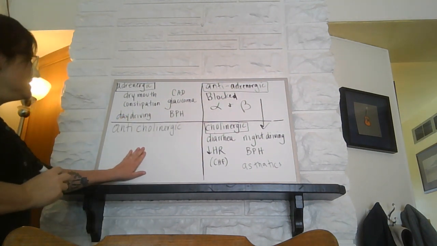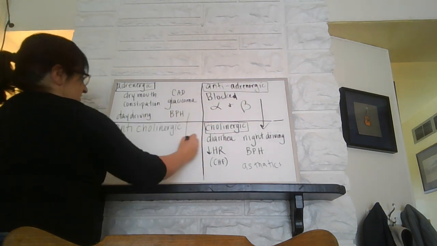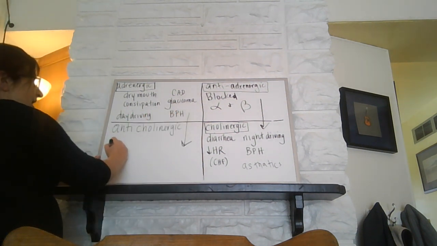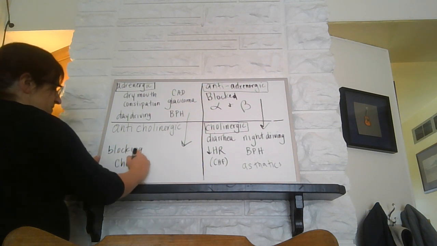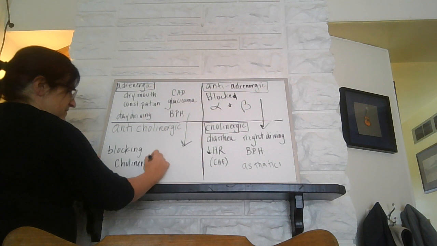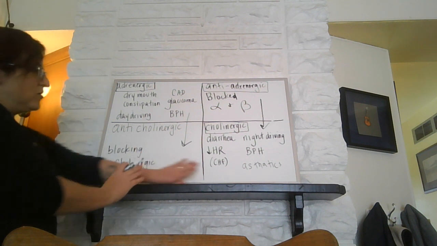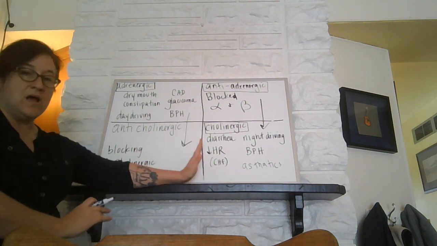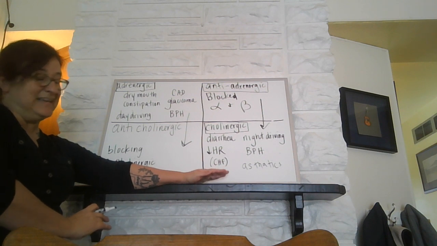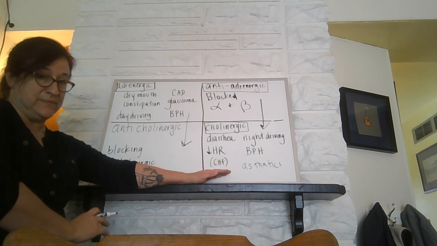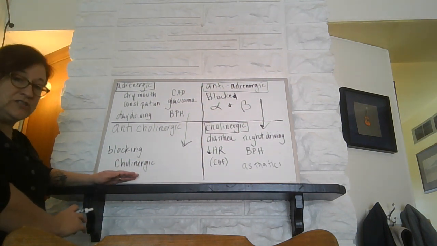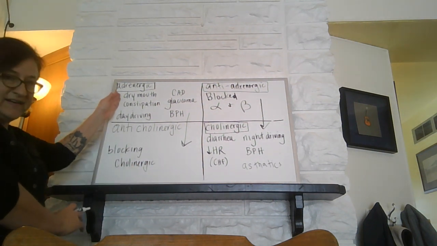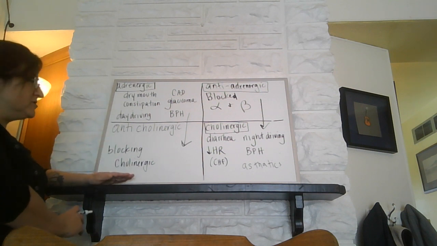These medications will be like adrenergic medicines, but instead we're blocking cholinergic receptors. So we're acting on different receptors, but if we block the cholinergic response, then we're parasympatholytic, meaning we're not acting like the parasympathetic nervous system, and instead are closer to the sympathetic nervous system, but not as strong.